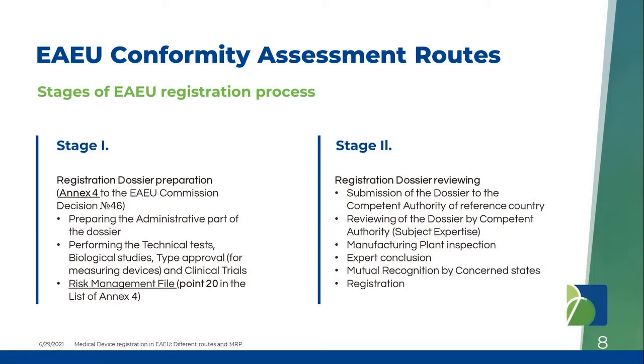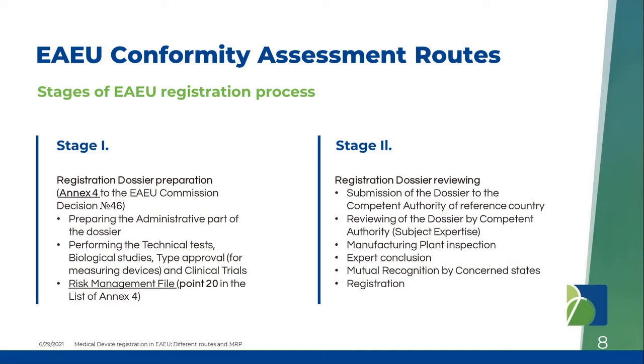Generally speaking, the registration process in Eurasian Union consists of two parts, pre-submission part and after-submission part. The first, it's registration dossier preparation. And Annex 4 to the decision number 46 will help us to understand it.